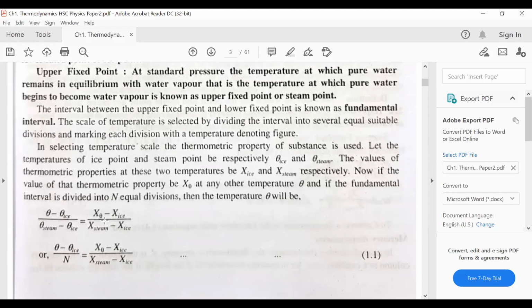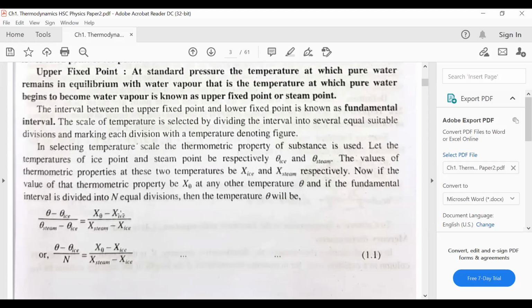For example, if it is the length of a mercury column we are using to take a temperature, suppose it is 30 degrees Celsius. Then theta will be 30 degrees Celsius. Then X theta will be the length of that mercury column at 30 degrees Celsius.